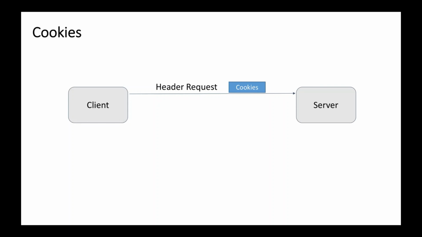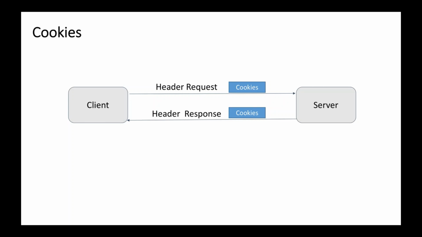For example, if I'm talking to Amazon, in the request I send to Amazon, the HTTP header will read all the cookies associated with Amazon and send them to the server. And same thing, any response that goes back from the server to the client will have all the cookies from that server associated with that client.